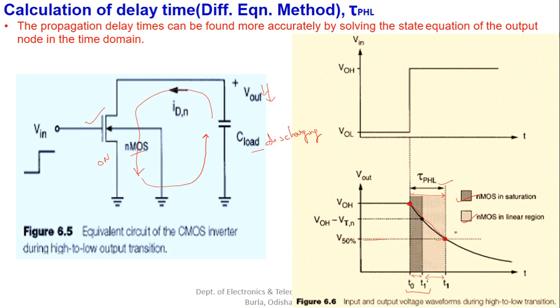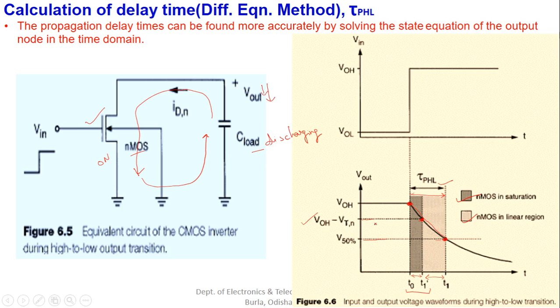We know that the current equation for these two regions of operation is different. The transition point at which it changes from saturation into linear is VOH minus VTN.